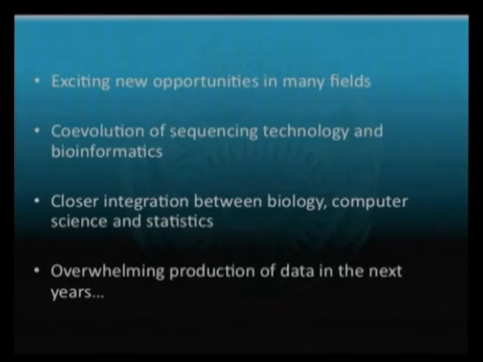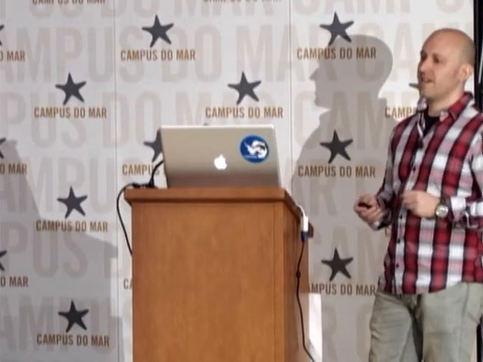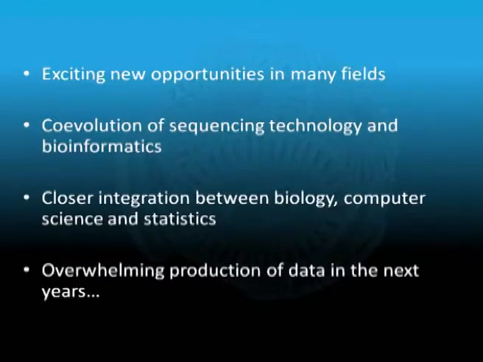Now, let's wrap up the whole thing a bit, because it's been an hour and 15 minutes now. If we go back to the general view, with high-throughput sequencing and the whole thing, there are many exciting new opportunities in many fields. This is like an open door, and there are many things that can be done. Probably we need to use our imagination and see what questions we can answer with this new technology.